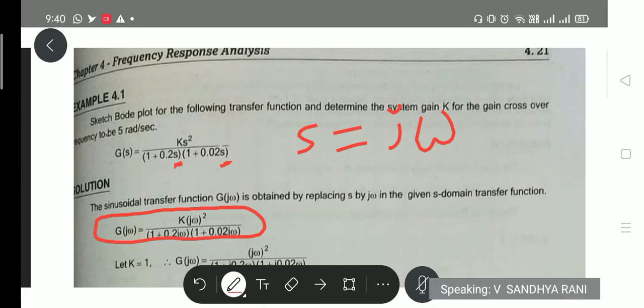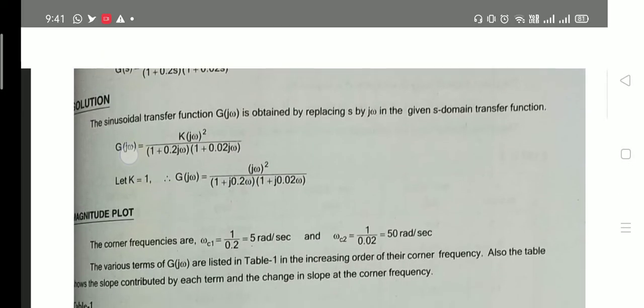Then we can take k value as 1. Then we will get G of j omega is equal to (j omega) square by (1 plus j 0.2 omega) into (1 plus 0.02 j omega).